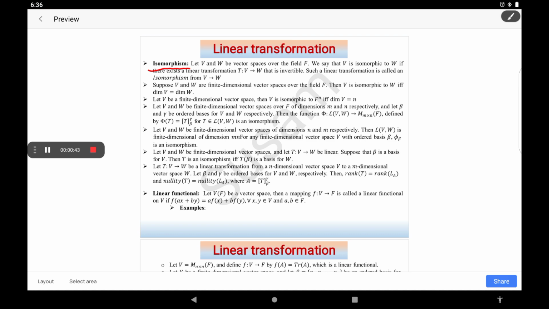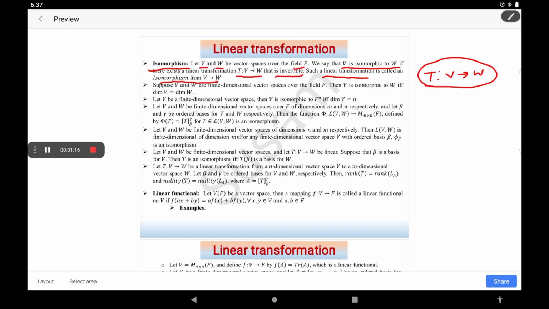So here we have two vector spaces V and W over the field F. We say that V is isomorphic to W if there exists a linear transformation T from V to W such that T is invertible. So T from V to W, which is an invertible linear transformation, then V is isomorphic to W, and this kind of linear transformation is called an isomorphism from V to W.